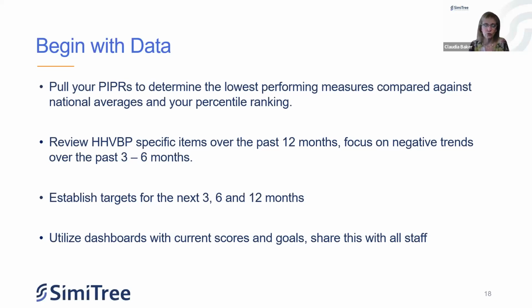So review those home health value-based purchasing items over the past 12 months. Focus on any negative trends that you have going on over the past 3 to 6 months, and then look forward. How do we establish some targets for the next 3, 6, and 12 months? I would say that most people do hospitalization, keeping people out of acute care hospitals, and then whatever else your agency needs to focus on.